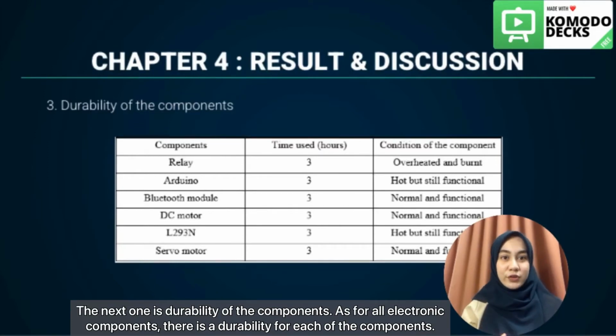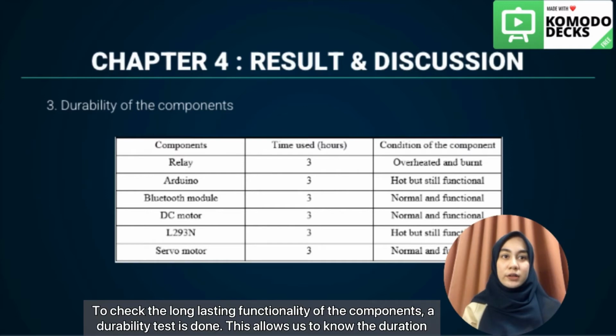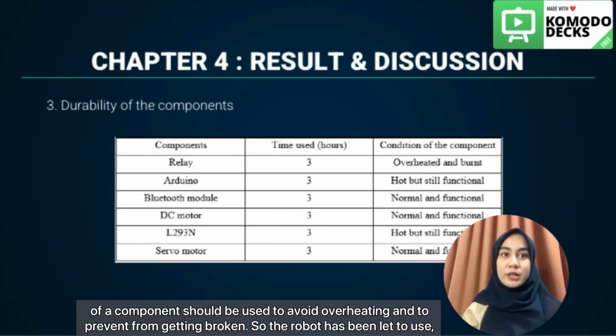Next is the durability of the components. As with all electronic components, each has a durability limit. To check the long-lasting functionality of the components, a durability test is done. This allows us to know how long a component should be used to avoid overheating and to prevent it from getting broken.